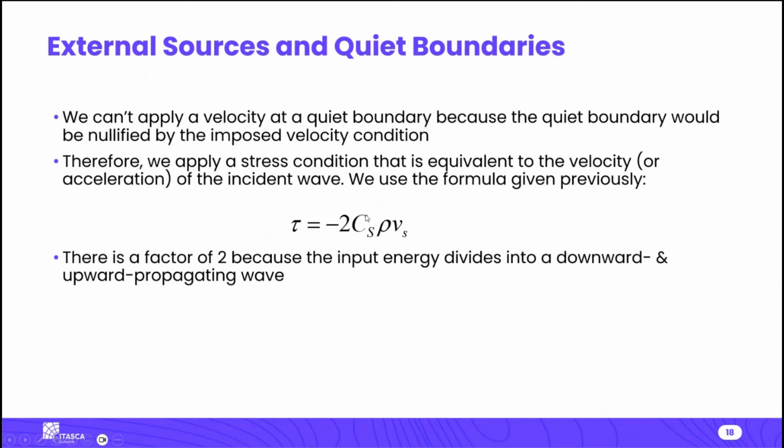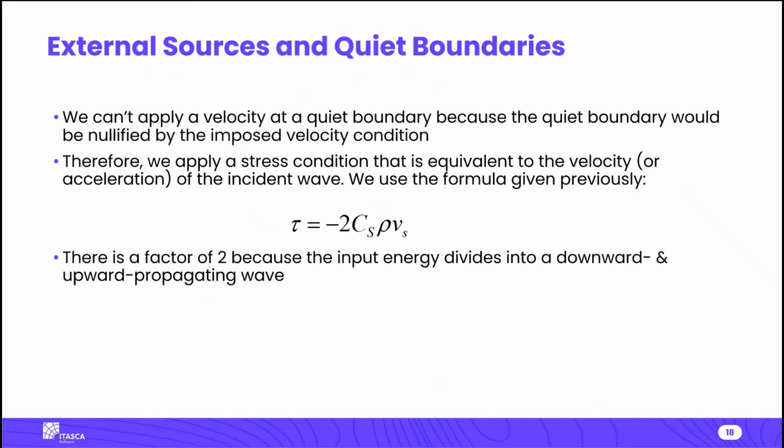And it turns out you can figure it out with an equation. And the equation is this. If we're doing shear waves, the shear stress that needs to be applied is -2 times the shear wave velocity times the density times the velocity that we actually want. There's a factor of 2 because the input energy divides into a downward and upward propagating wave. So that's it. We just need this equation.